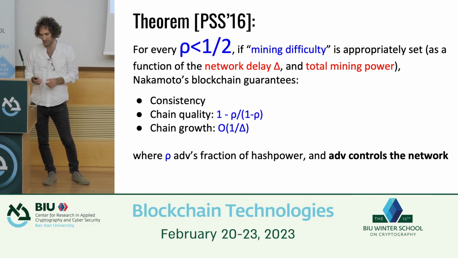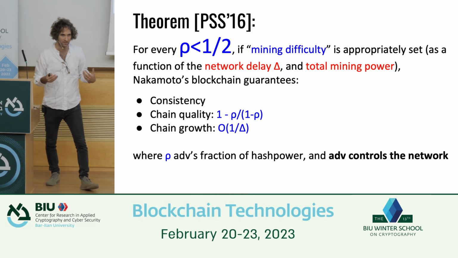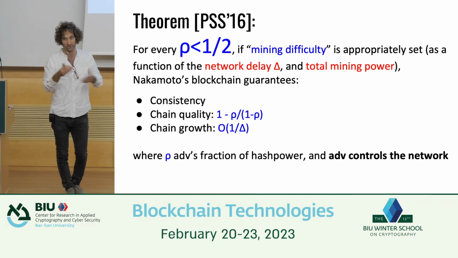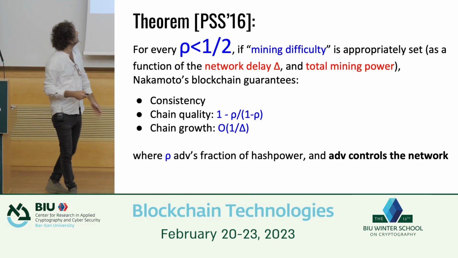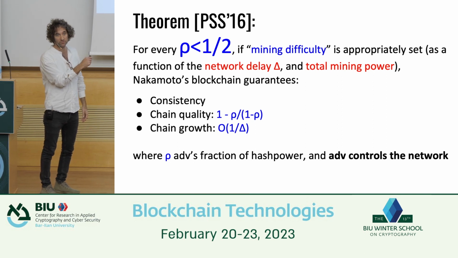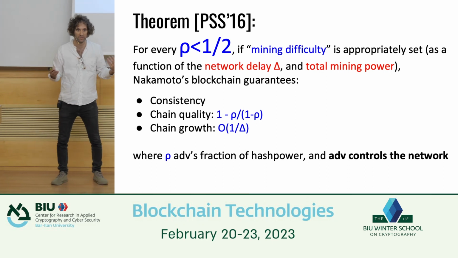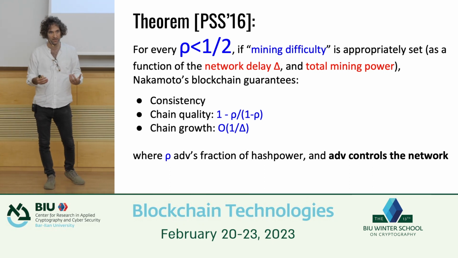Okay, so the result we showed in 2016 was that indeed this protocol satisfies these 3 properties and therefore gives us consensus, even if the attacker controls up to 50% of the computational power. So rho here is the fraction of computational power held by the attacker.